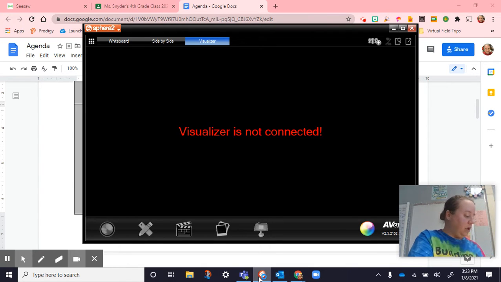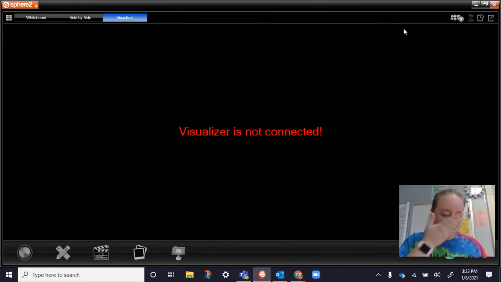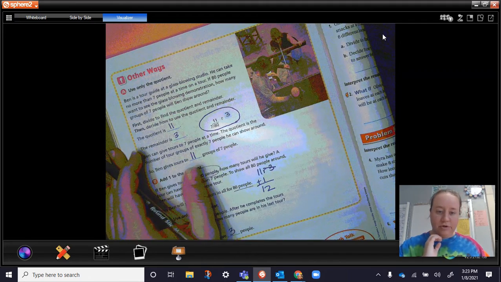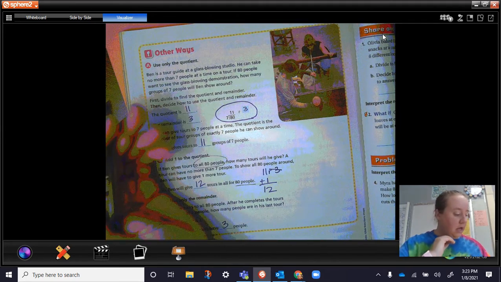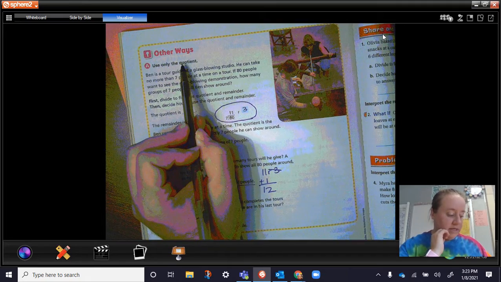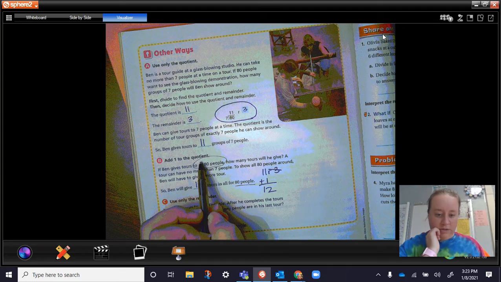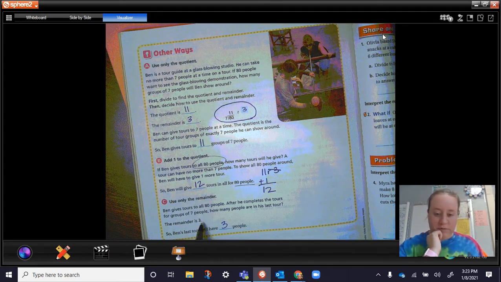So yesterday we talked about different ways that we can interpret remainders. Just as a reminder, sometimes the answer is the quotient. Sometimes we need to add 1 to the quotient, and sometimes the answer might be our remainder.